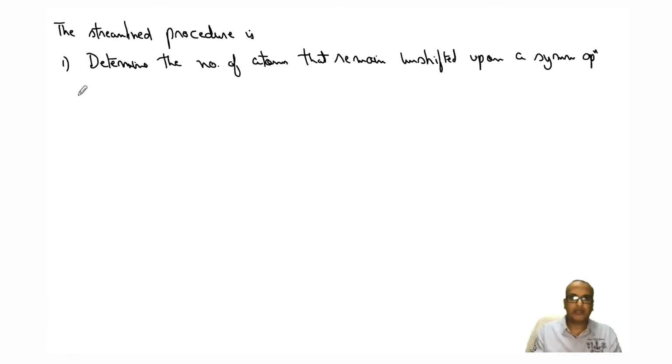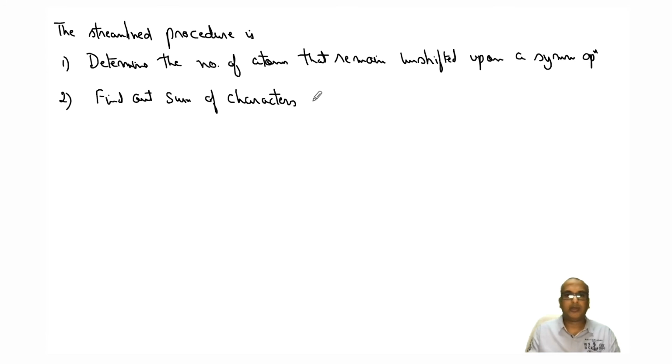We'll see again the case of water and see how easy it is. Second, find out the sum of characters of IR representations to which X, Y, Z forms the basis.